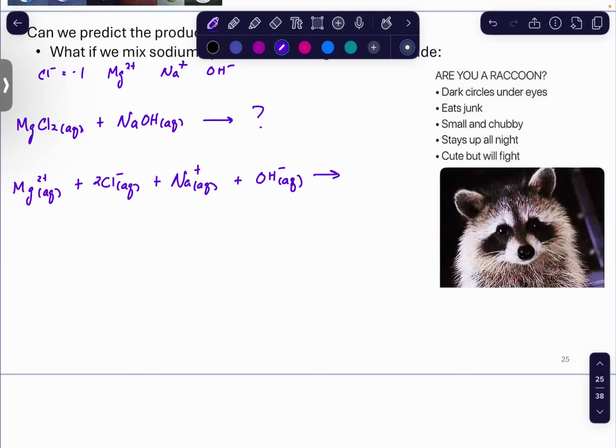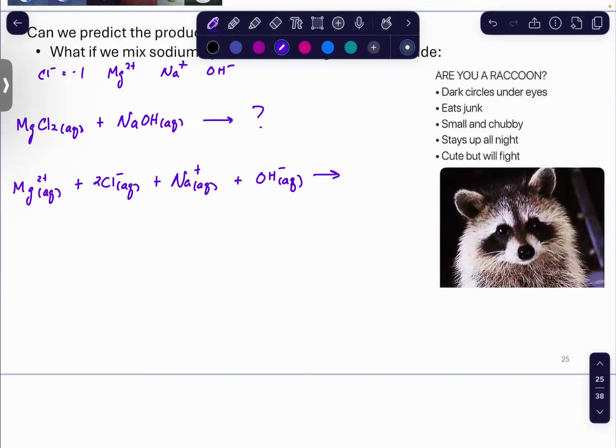Now, we know that cations have to pair with anions. We have to pair a positive with a negative. And for the anions pairing with their original cations, that doesn't make a lot of sense, because that would just put back together a molecule that's soluble. It would just immediately dissolve again.